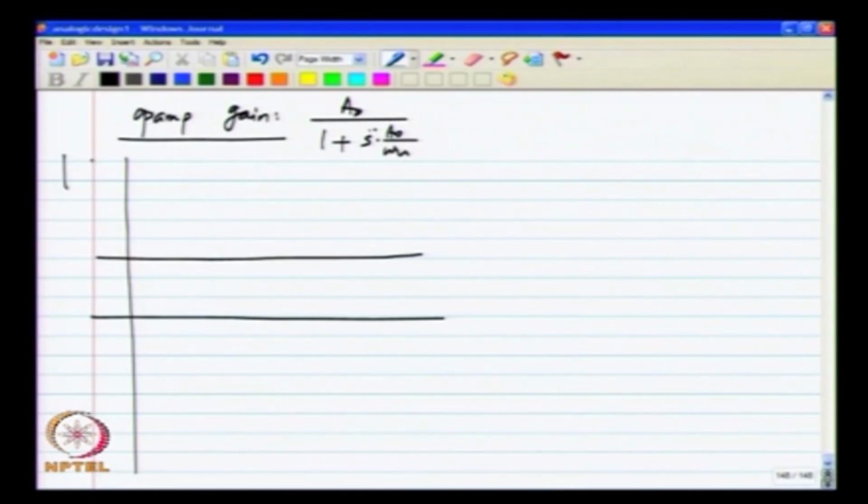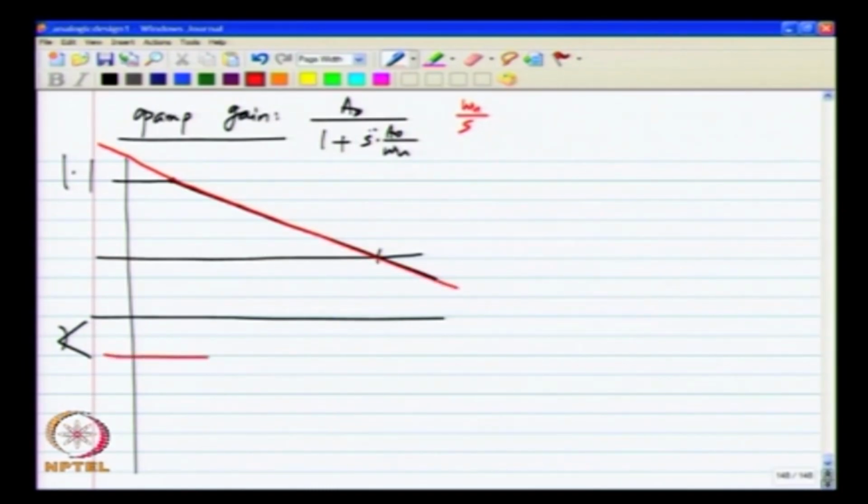So, I will draw the magnitude and the angle of this one. So, that is how it looks like. Okay. And ideally this should have been simply omega u by S, which means that the magnitude would have been like that.